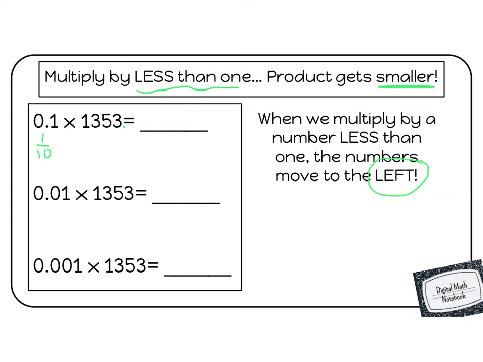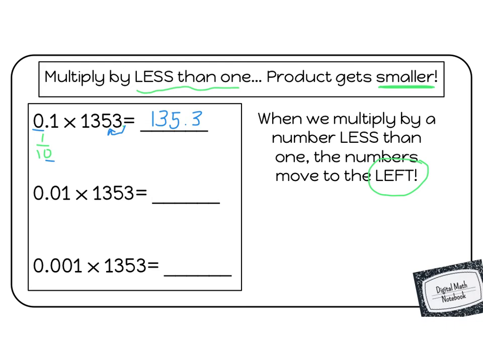This has 1 zero, so we're going to move 1 place value. So our number gets smaller. Now our number is 135.3. So now instead of having 1,353, now I have 135.3. So it's all the same digits. The only thing that moved was my decimal.